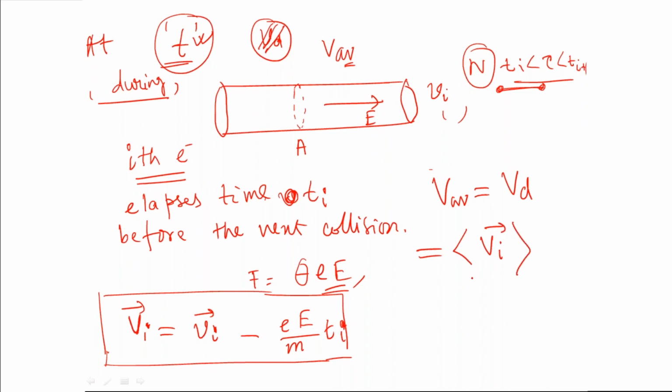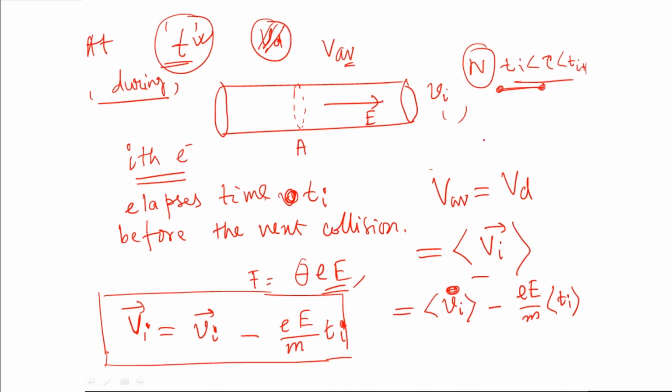If I take the average of this velocity, I'm just writing it as a scalar only. Now this is eE by m. These are constant quantities: the charge of the electron is constant, the electric field I have taken constant, and m, the mass of the electron, is constant. So I'm taking the average of time. You might be thinking, sir, why are you taking the average of time?